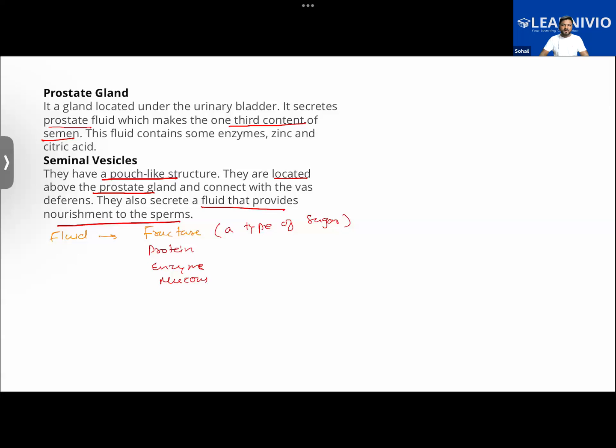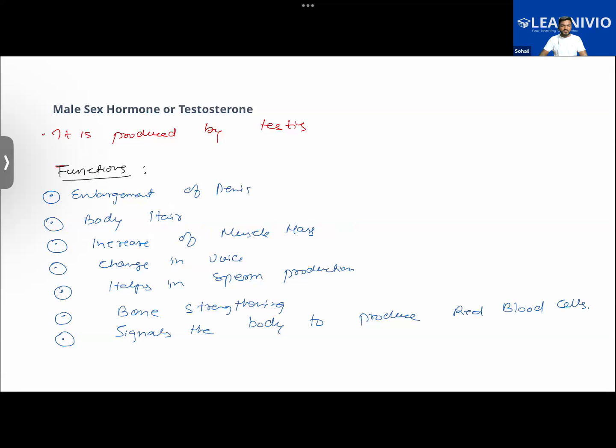Didn't I tell you that it helps in building muscle mass? It is good for the health of the bones. Most importantly, it helps in the production of red blood cells, so it signals the brain to produce red blood cells.